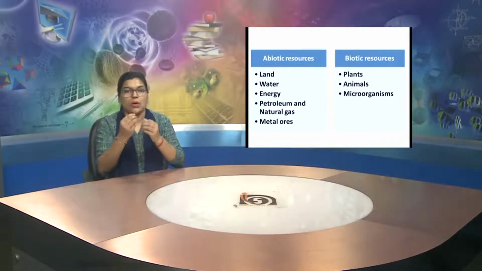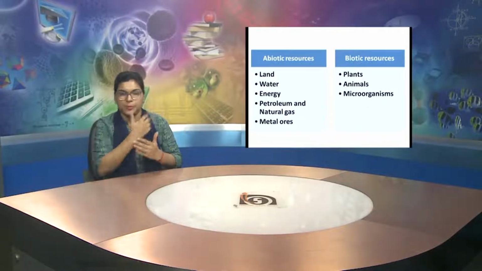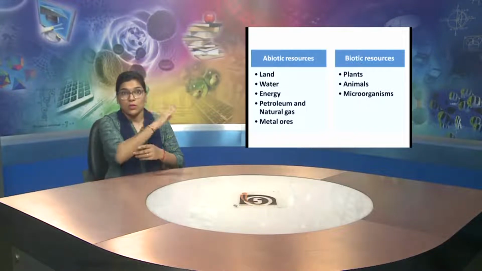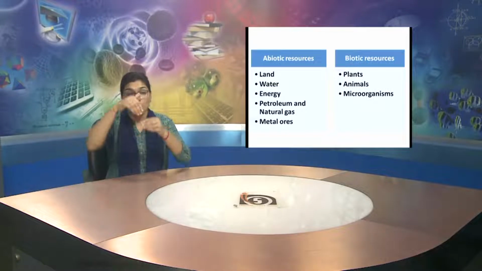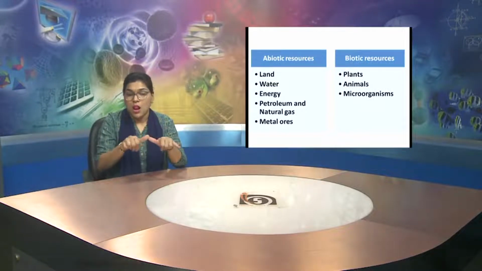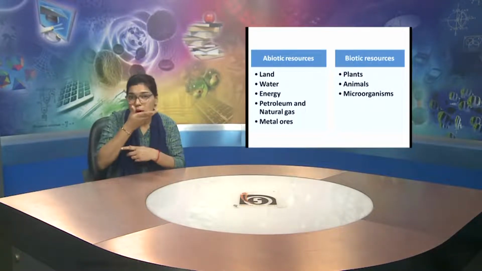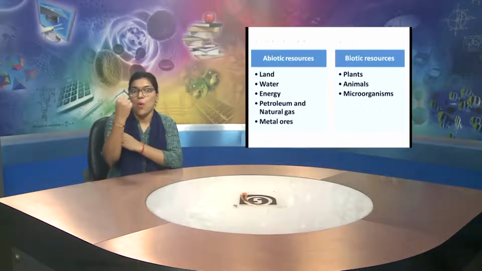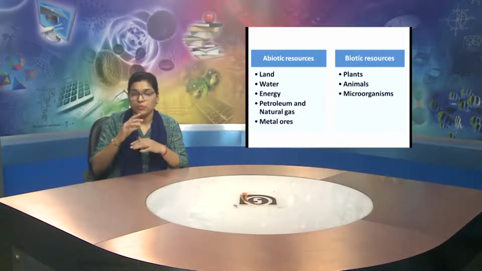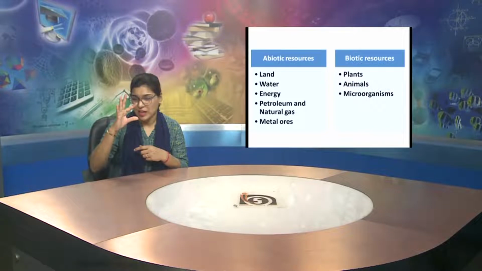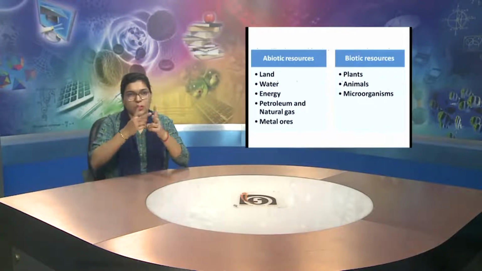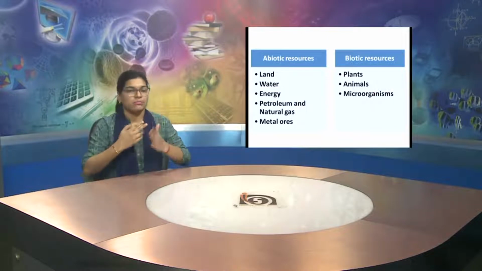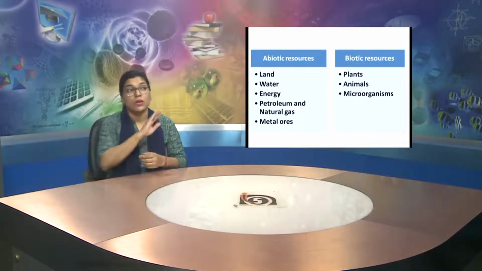We have understood the two categories, abiotic resources and biotic resources, that you can see on the screen as well. Here we will understand a few examples of these resources. Abiotic resources are land, water, energy, petroleum and natural gas, and also the metal ores.